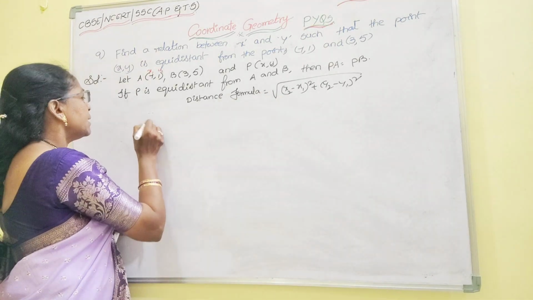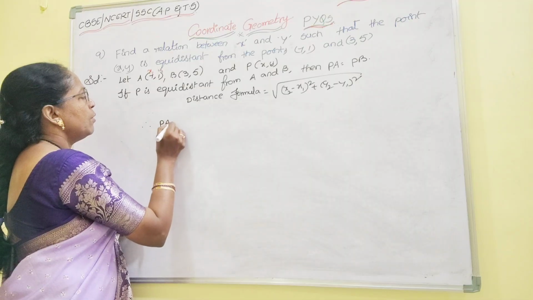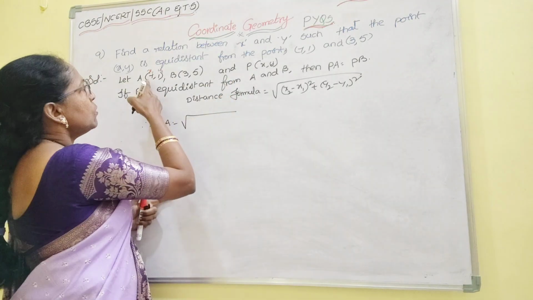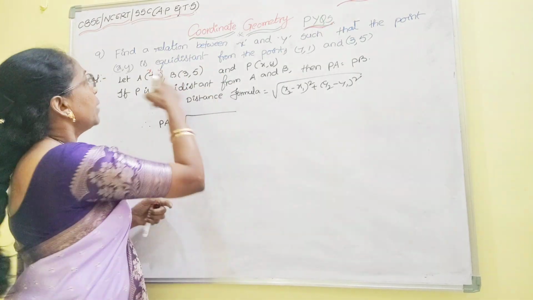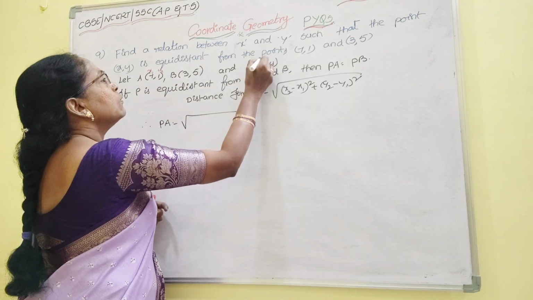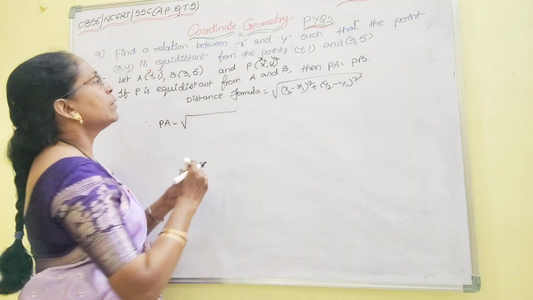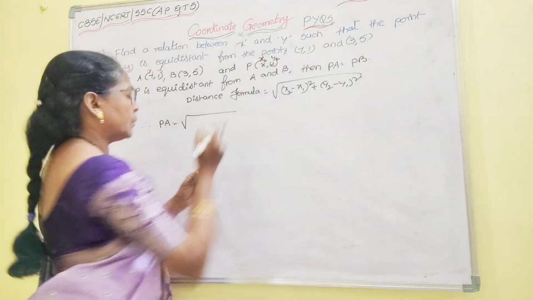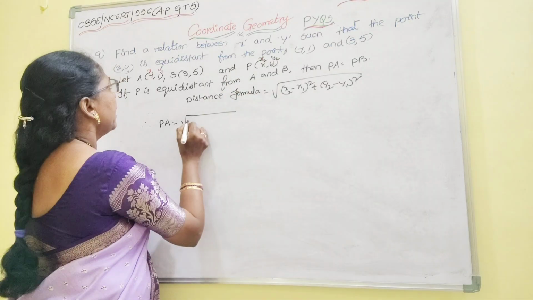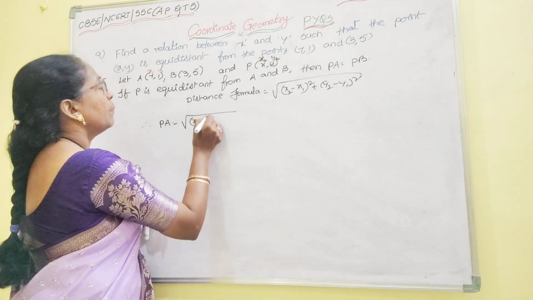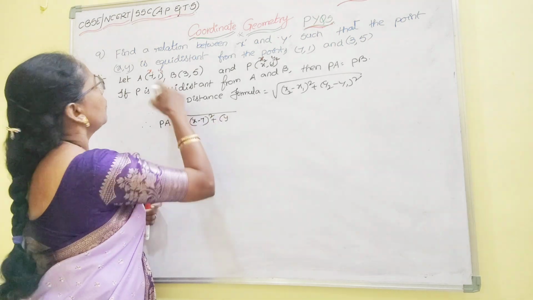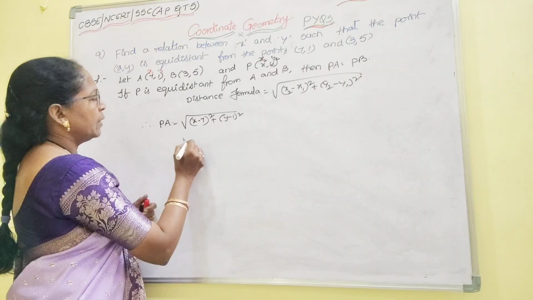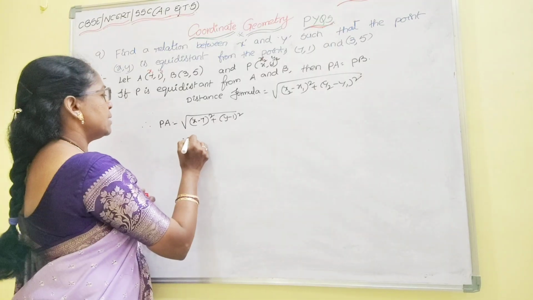Now the PA distance you have to find out, where PA equals square root of (x2 minus x1) whole square. So AP distance, x1 y1, x2 y2. Now in this substitute and simplify.